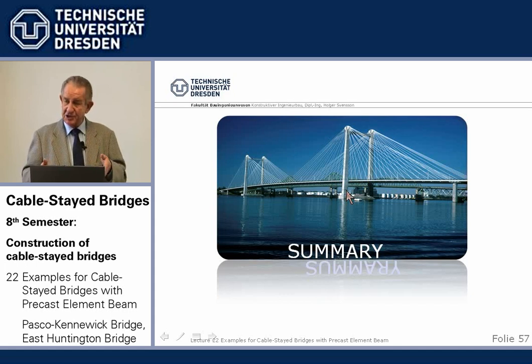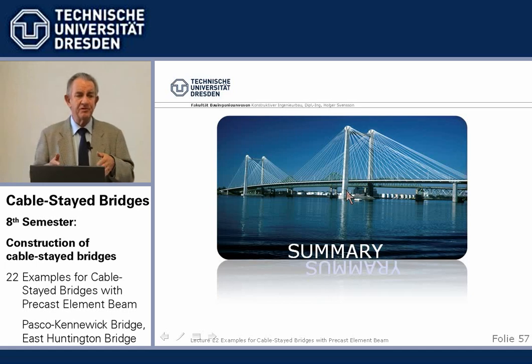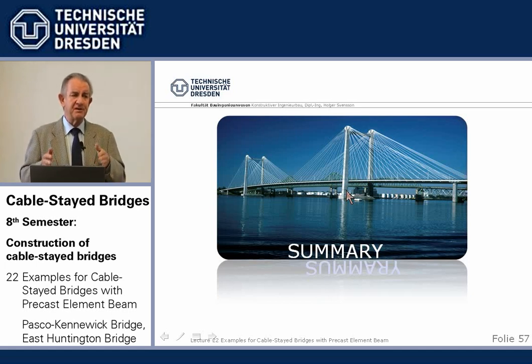But I have shown you, in this particular case, at that time, was the first cable-stayed bridge in the US, and free cantilevering, all that was not very well known. The contract, we wanted to first do it in cast in place. But the contractors in the US said, no way. 150 meters free cantilevering over the river, cast in place. We have never done it, and we will not do it. Simple.